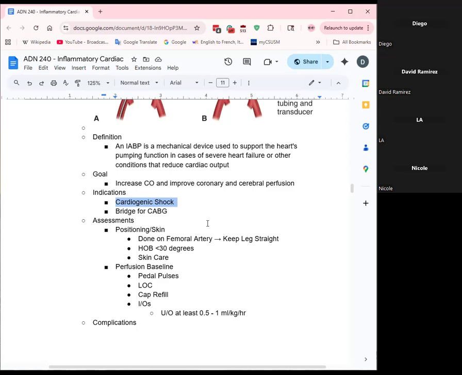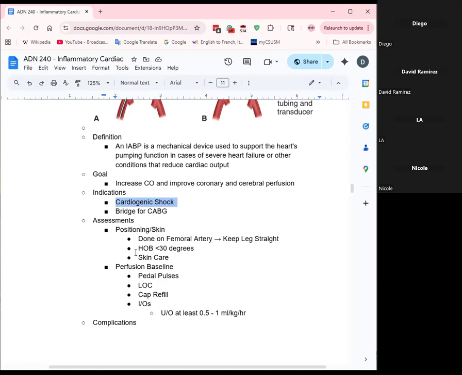They might have a splint, not always, in order to keep the leg straight. Otherwise, you should remind them if they're conscious, but they're probably not conscious. But at least in that case, that makes your job a little bit easier because you can manually keep it straight.